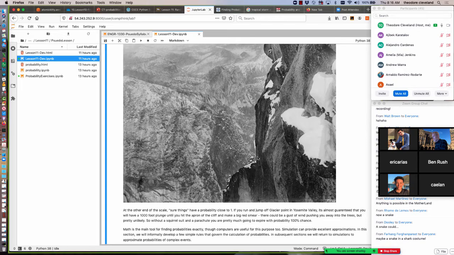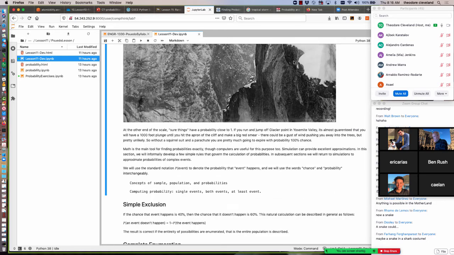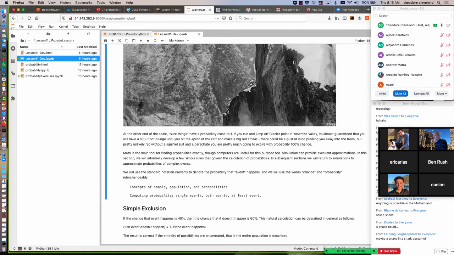And then at the bottom, not in this picture, it starts to slope out to hold the rock up. So in terms of sure things, if you were to jump off that rock, it's almost guaranteed that you'll make that 1,000-foot plunge until you hit the apron of the cliff and make a big red smear.